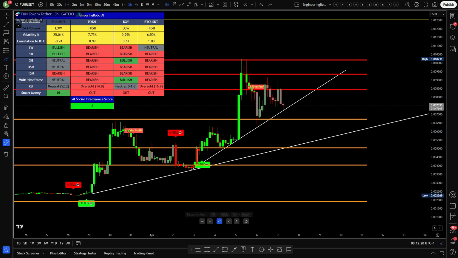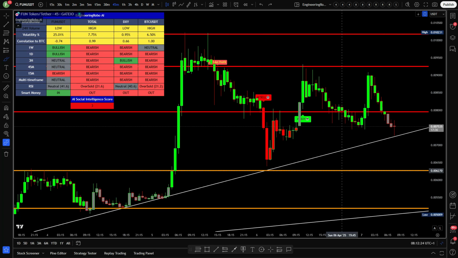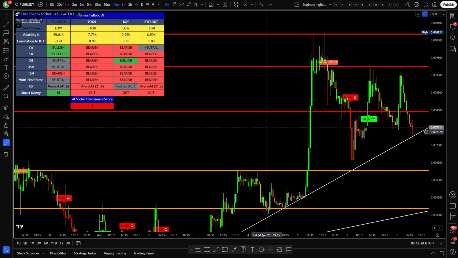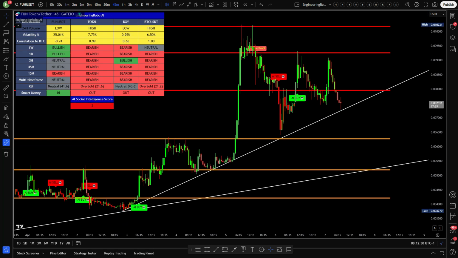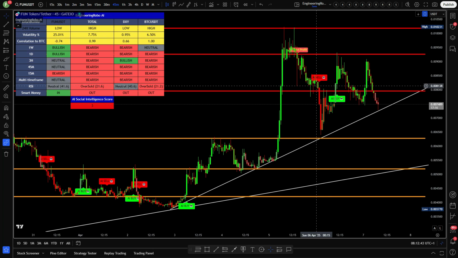But what if you were on the other side of the fence and considering a short position? On the 45-minute time frame it's pretty much the same story, where we have the resistance line coming into play. We do have an AI buy signal in play at the moment, and we have had a previous AI sell signal.